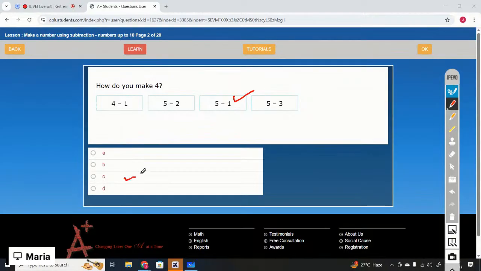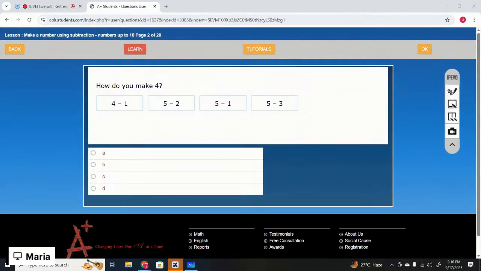Option C is the correct option, the only option that makes 4.